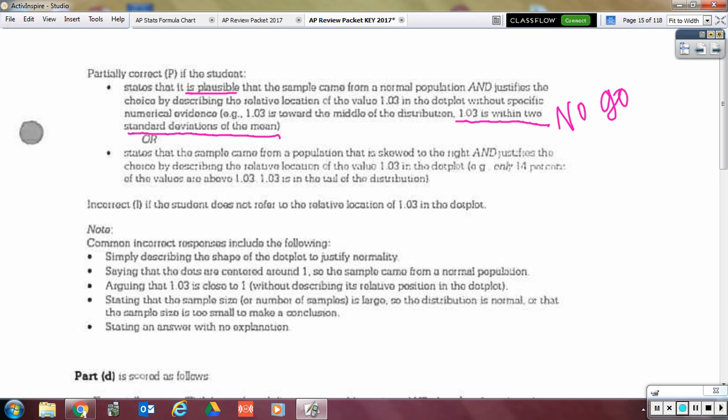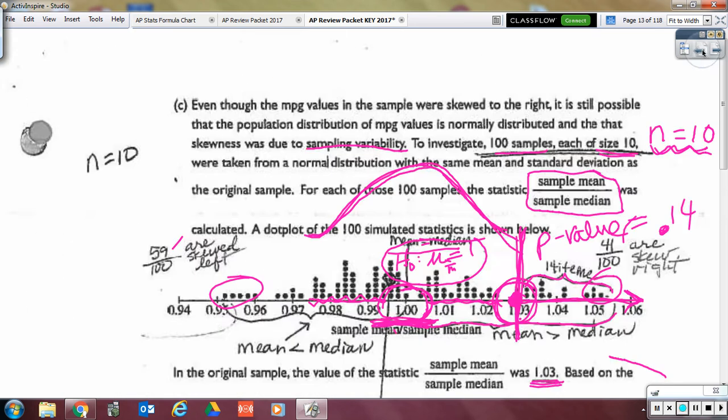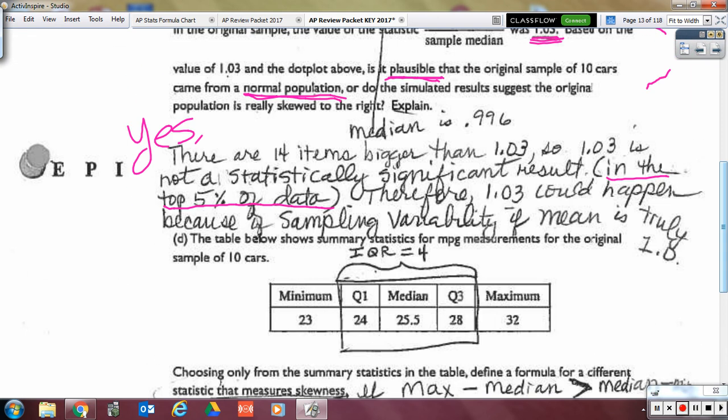You have to have it with a p-value. Yes, ma'am. Well, they said that because I said this, that kind of references the p-value. Okay? All right. Very good.